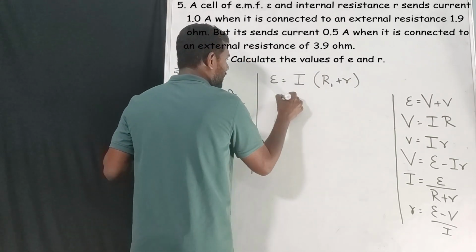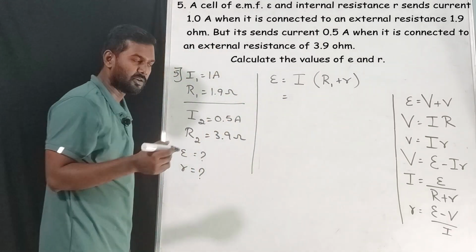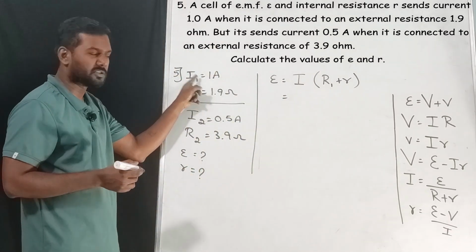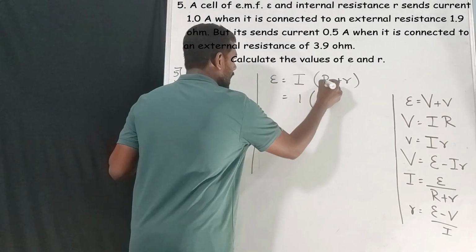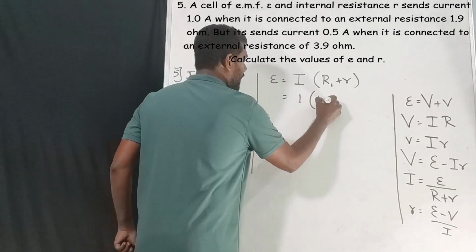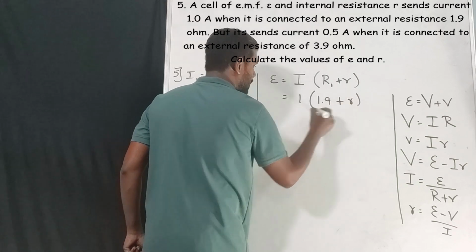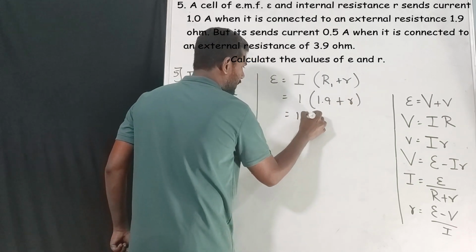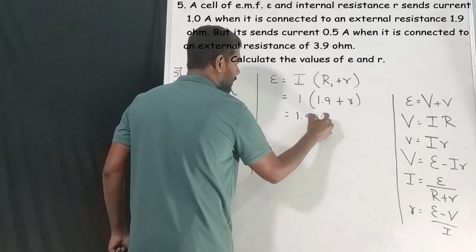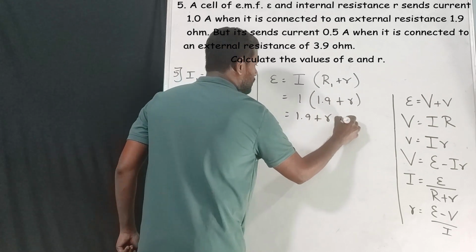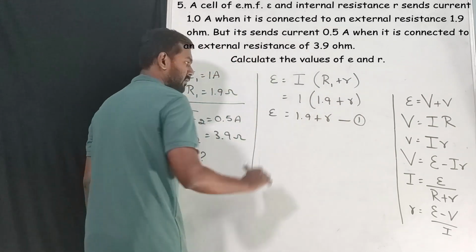This will be equation 1. First we substitute the values. The current in the first case is 1 ampere and R1 is 1.9, plus r, which we don't know and have to find. So E = 1 into (1.9 + r), that is 1.9 + 1 r. This is our first equation for EMF.